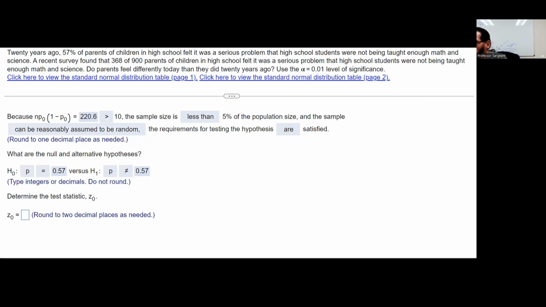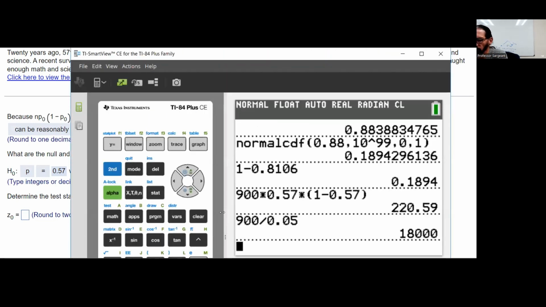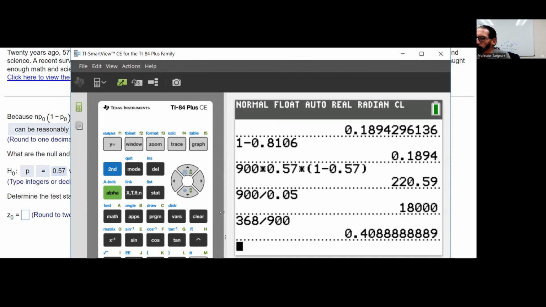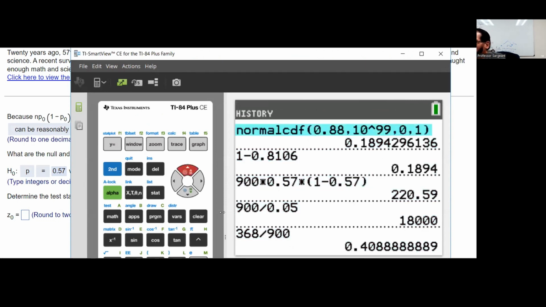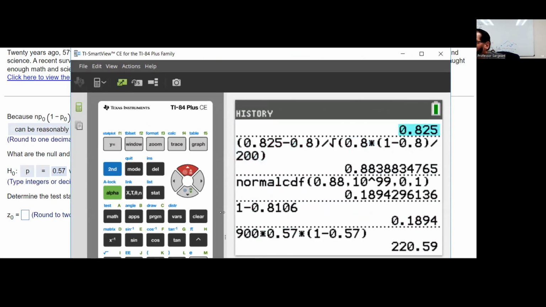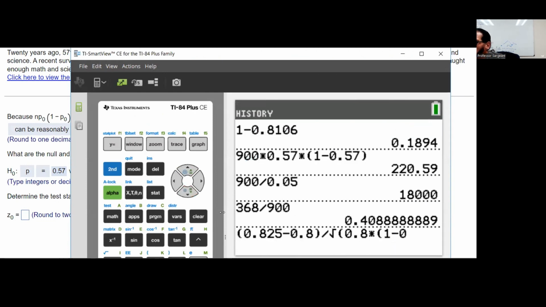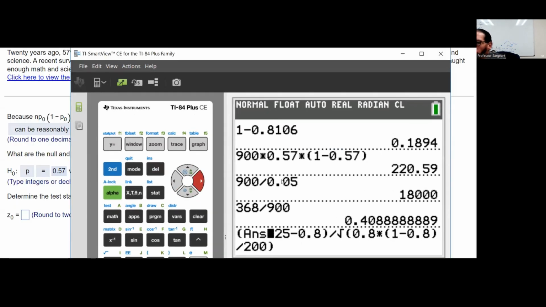So what is the test statistic? We need to figure out what 368 divided by 900 is, first of all. And this formula we used before. What I would be doing is replacing p hat with the answer we just found. We are subtracting the 0.57.